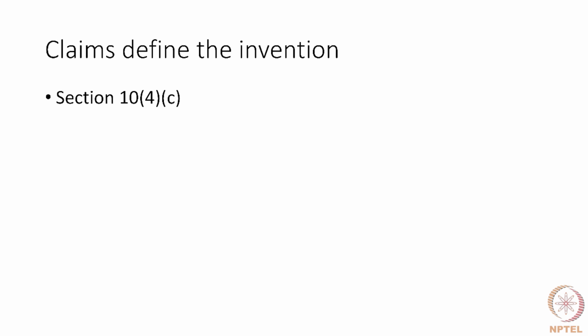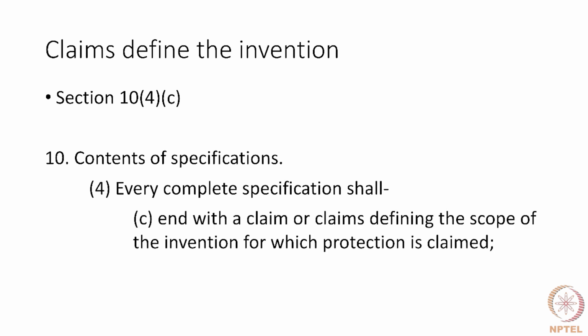Now, the claim does the function of defining the invention. In section 10(4)(c), we know that the contents of the specification should end with a claim or claims defining the scope of the invention for which protection is claimed. So, if you look at the structure of a specification, the specification would end with the claims. Now, there are various other parts.